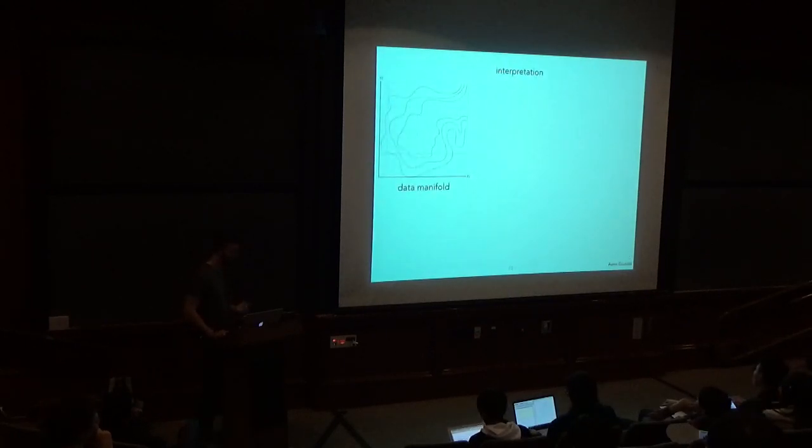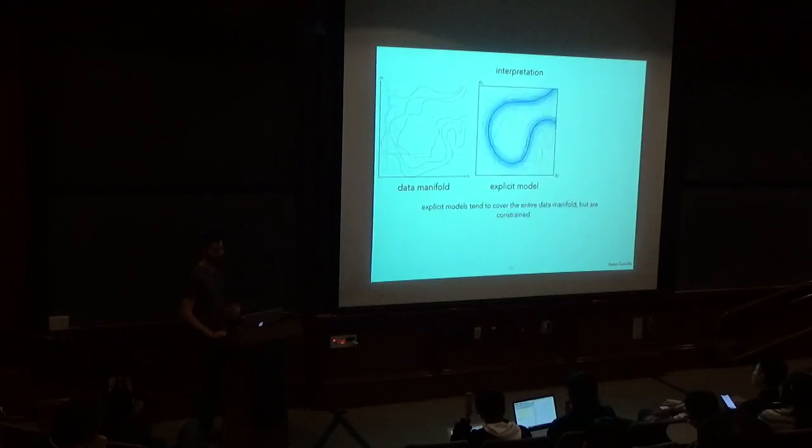And so often people try to distinguish between these implicit models and these explicit models that we saw before. You have this manifold of the data, which is some complicated shape in the data space. An explicit model, which is often trained through maximum likelihood estimation, is trying to fit essentially as much of the data distribution as possible. It's trying to fit this large, noisy curve to this entire manifold.